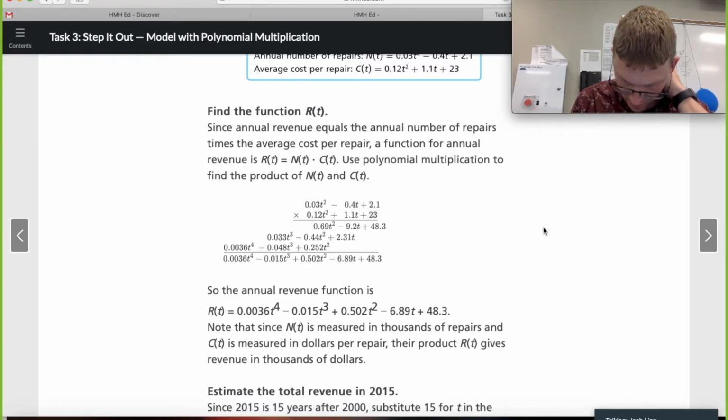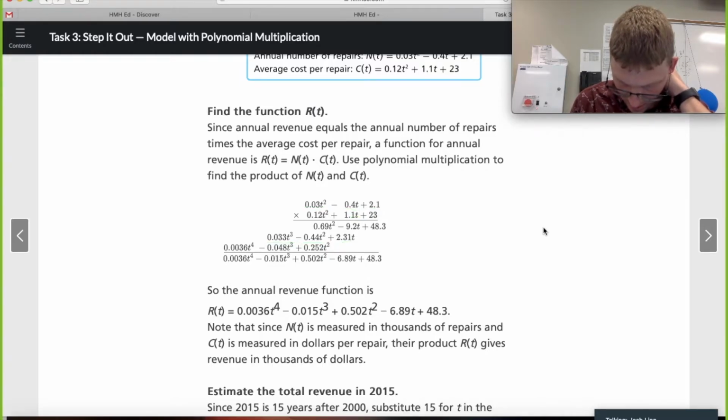Then we're going to do this one, 1.1t times this number is all the way over here. And then 1.1 times negative 0.44 is right there. Make sure you're careful with your exponents. And then 1.1 times 2.1 is right there.